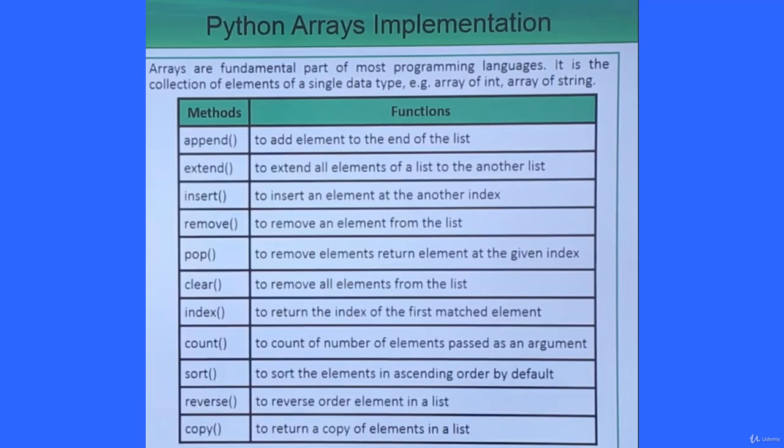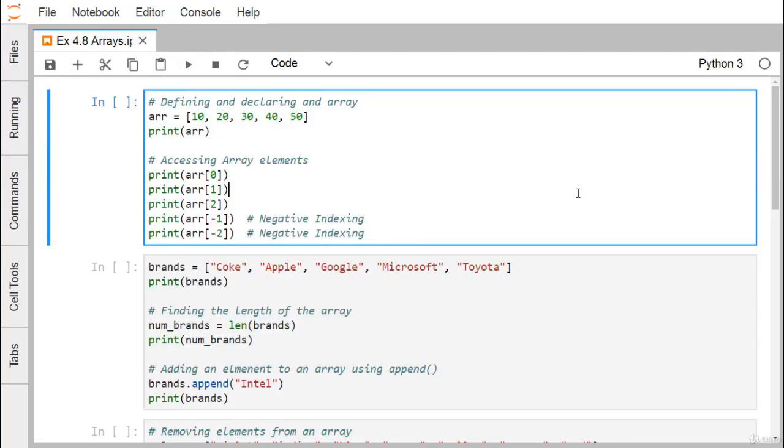We will be executing our Python code to show you how an array can be used in Python programming. Arrays are a fundamental part of most programming languages, and an array is a collection of elements of a single data type, for example an array of strings, integers, floats and so on.